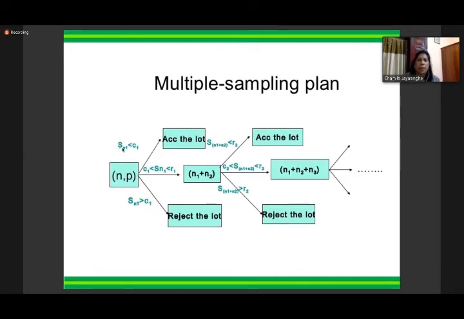Now here the sample is n1 and it is less than C1, then they go to accept the lot, right? And if C1 is less than the number of samples, here actually R and S is not defined, no multiple ranking in this situation. I think therefore, not defining R and S, it's difficult to explain, but I will explain this one later on.